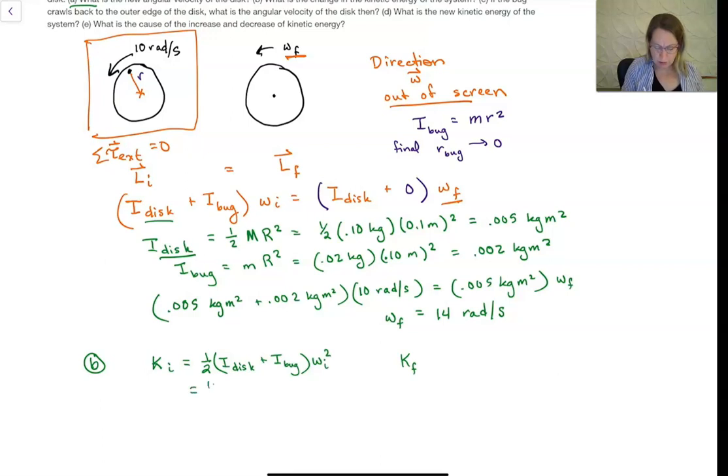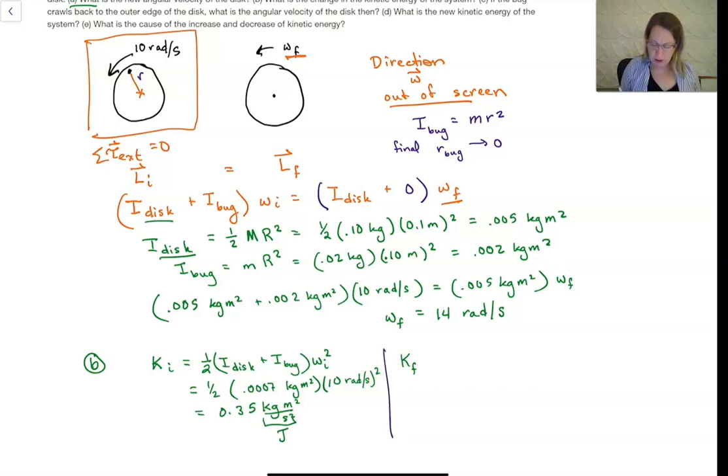So that's 1/2 times 0.007 kilogram meters squared times 10 radians per second, squared. This becomes 0.35 kilogram meters squared over second squared, which is, of course, a joule.